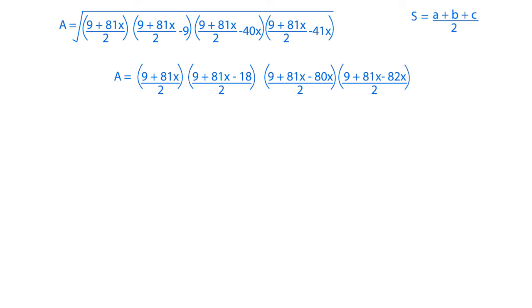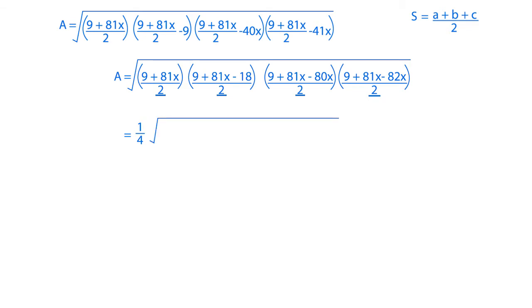And this is all under the square root sign. Now, these 2s all combined make 16. I can kick that out of the square root, and it becomes 1 over 4 when you take the square root. Under the square root sign, we are left with just (81x plus 9) times (81x minus 9) times (9 minus x) times (9 plus x).